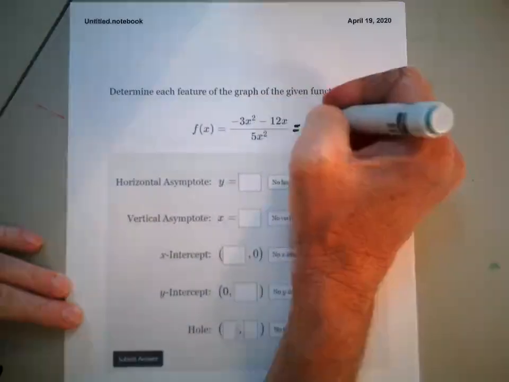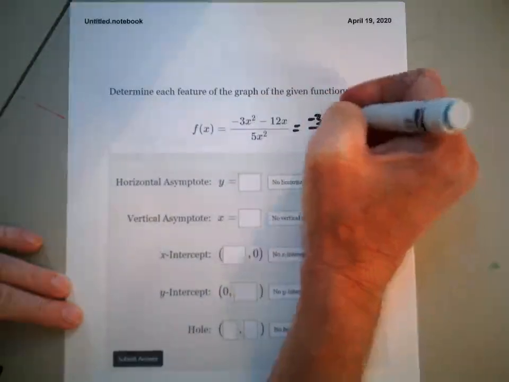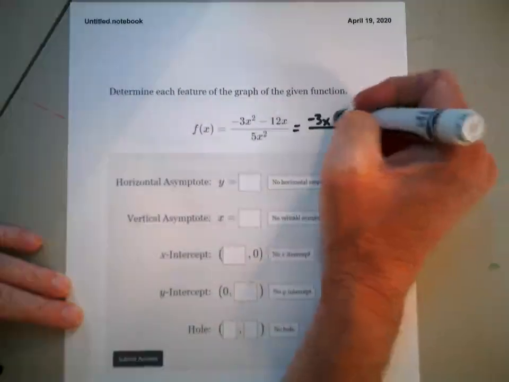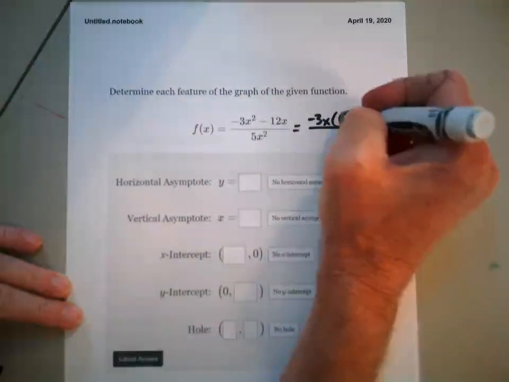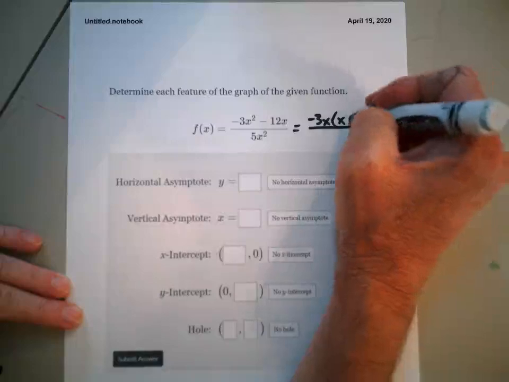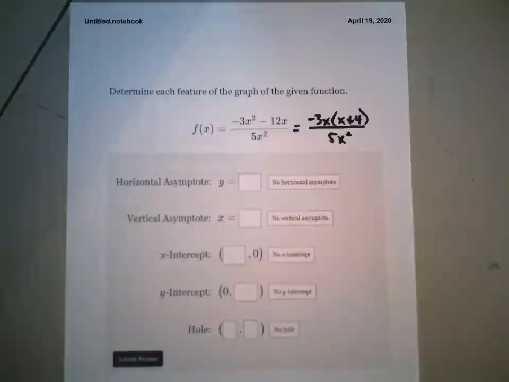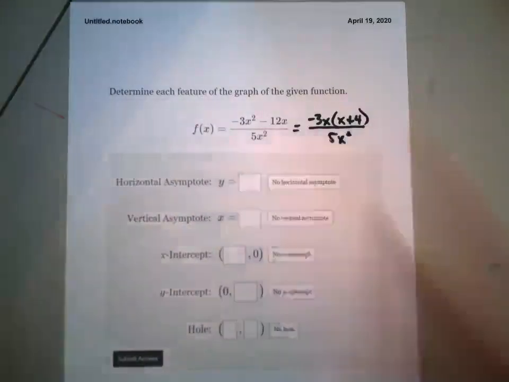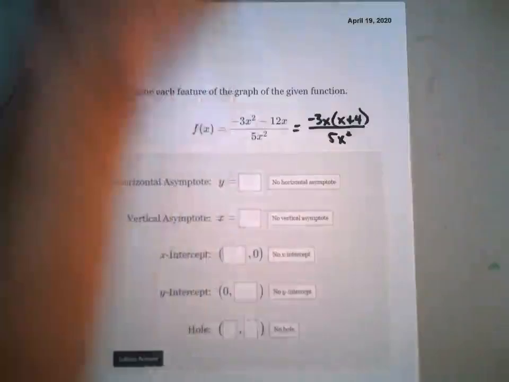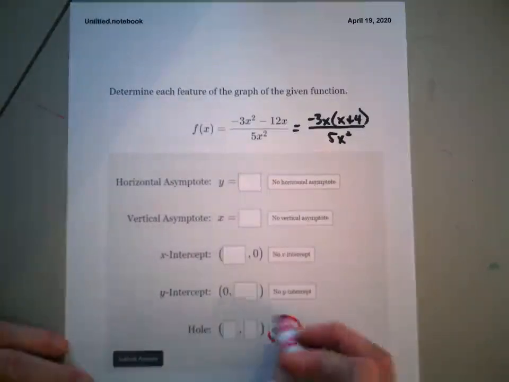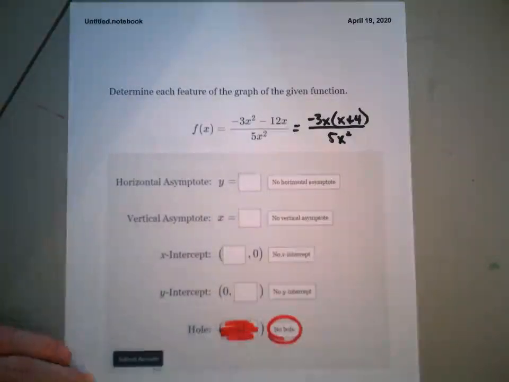So we can pull out a -3x on the top, which would leave us with x plus 4, and then a 5x squared on the bottom, because it's not going to factor. So you want to factor out the problem first. That's the very first thing you want to do. Now at this point, nothing cancels. So if nothing cancels, we do not have a hole. So don't answer a hole on that.